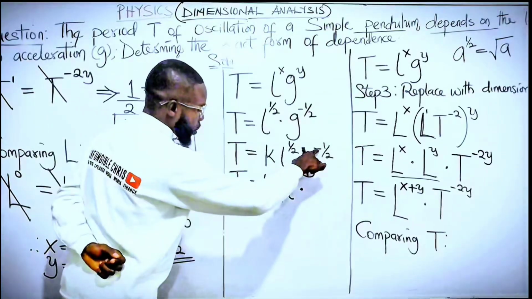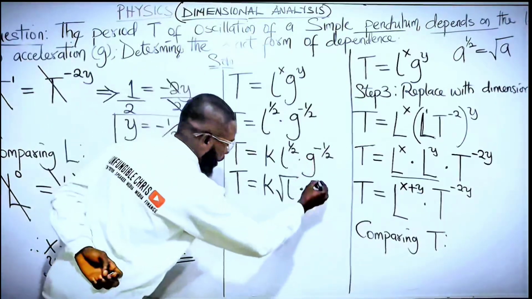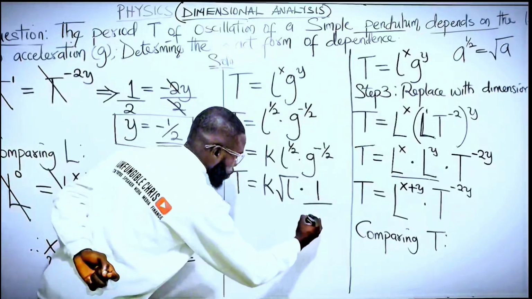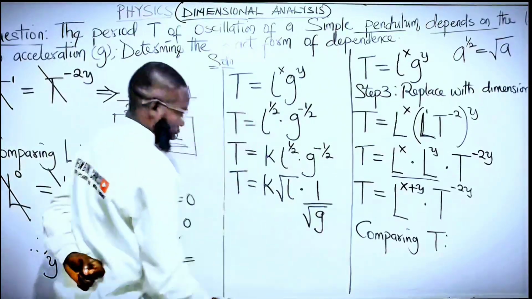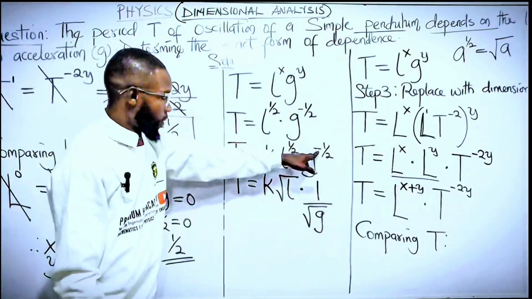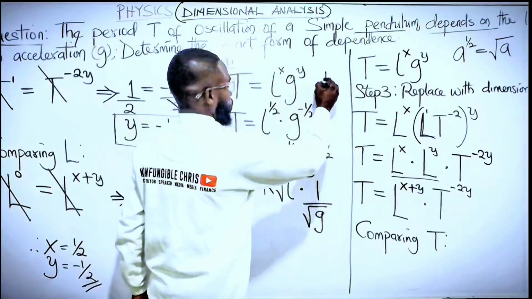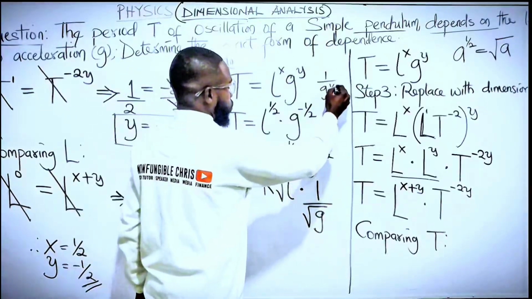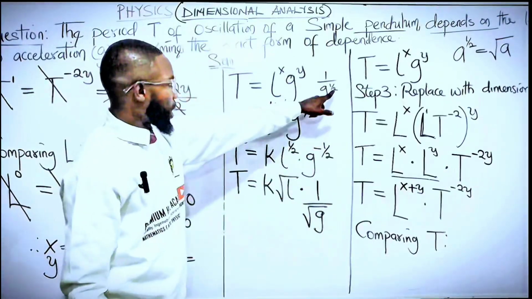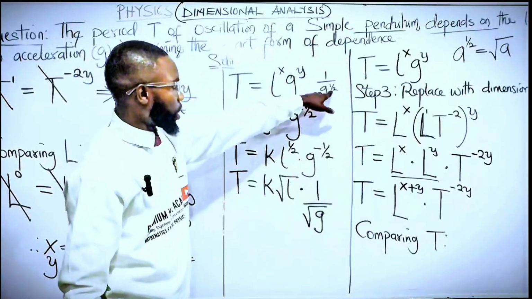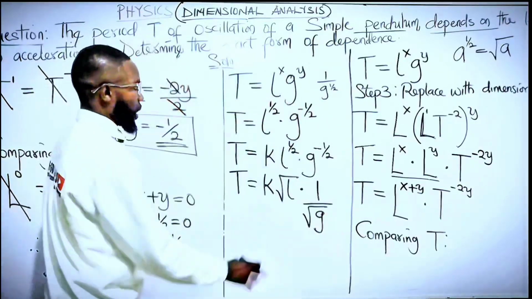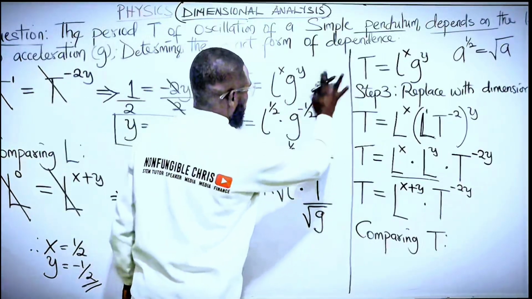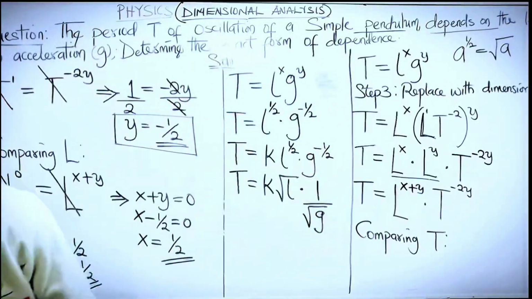Times, I'm seeing a minus here, it becomes an inverse, times 1 over what? Root g, right? Because of this 1, if I put 1, it becomes 1 over g raised to power 1 over 2, right? So if I take the index or transform this, it becomes square root of g. That's how I got that there. So I have to take this off.